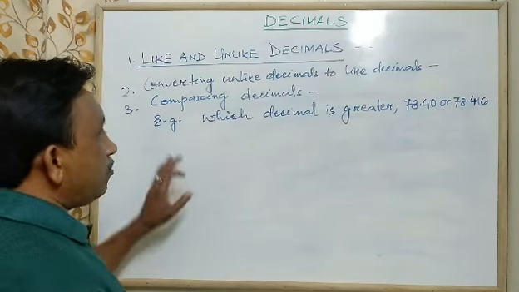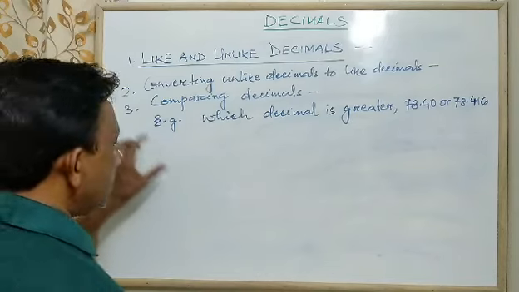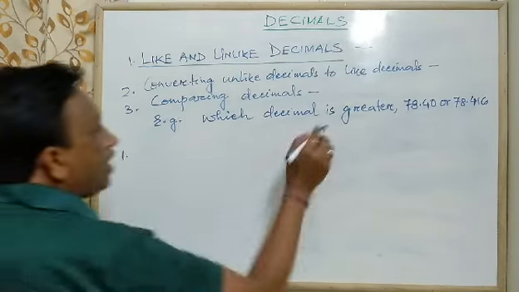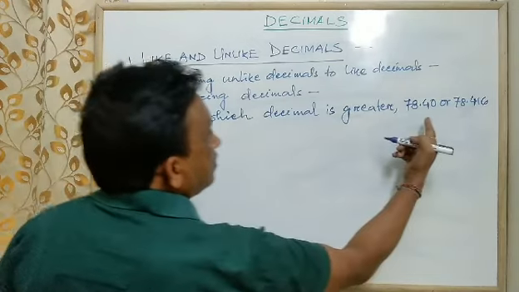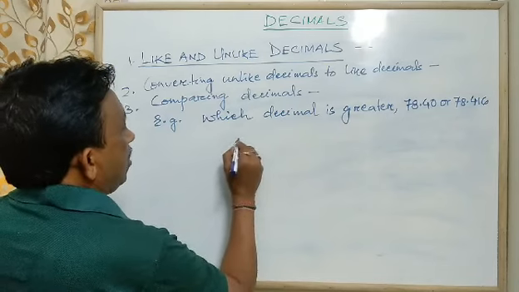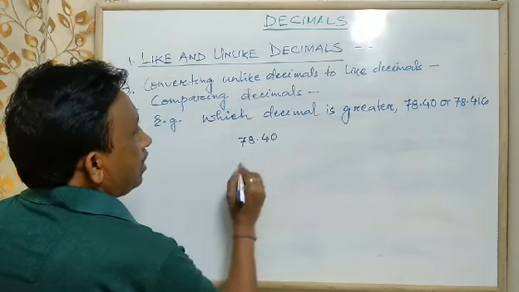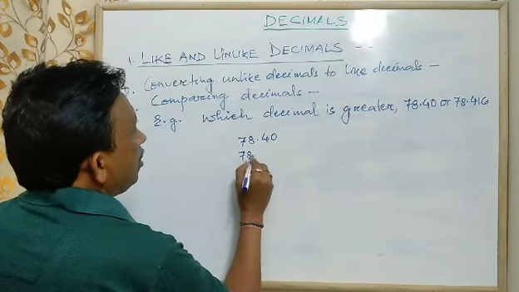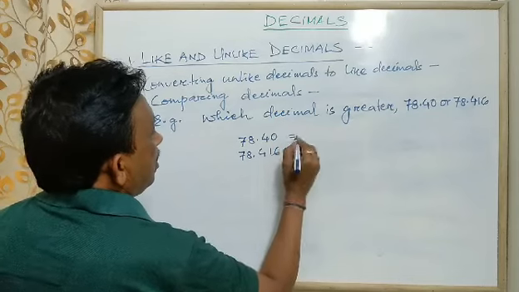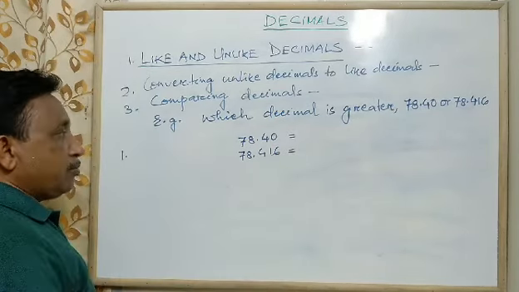To find out which one is greater or smaller, there are certain steps that we have to follow. Step number 1 is we have to equalize the decimal places of both the numbers. The two numbers are 78.40 and 78.416.